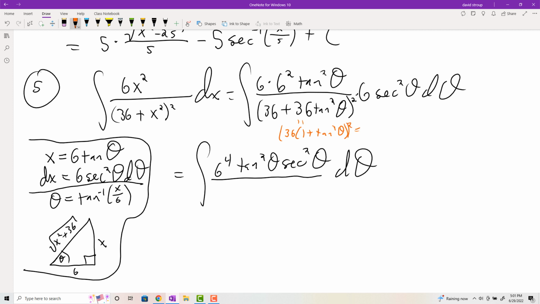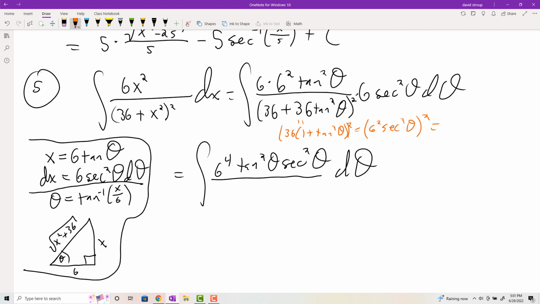Then use the Pythagorean identity to rewrite this. And I'm going to write 36 as 6 squared. Hopefully that didn't confuse anybody. But then 1 plus tan squared is secant squared theta, and then we want to square that.